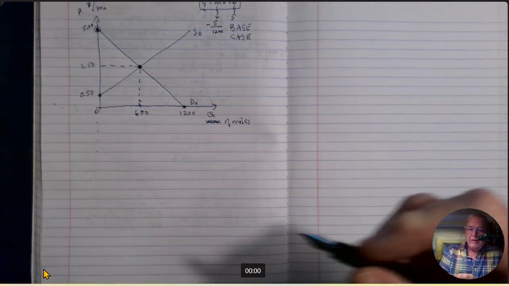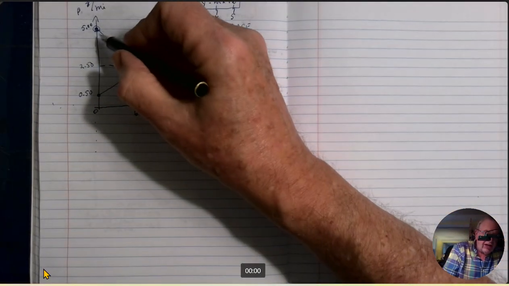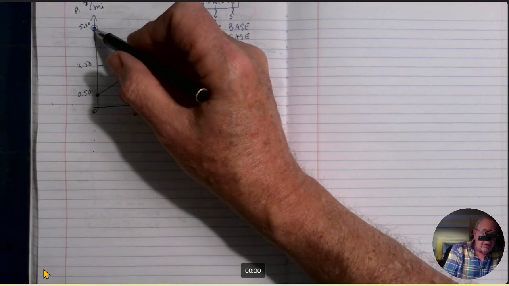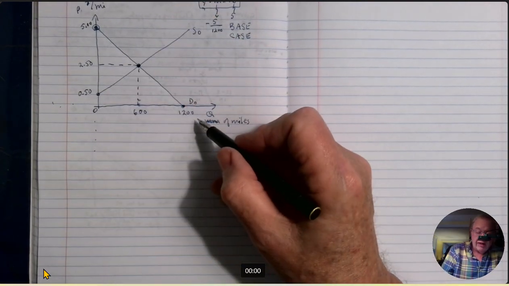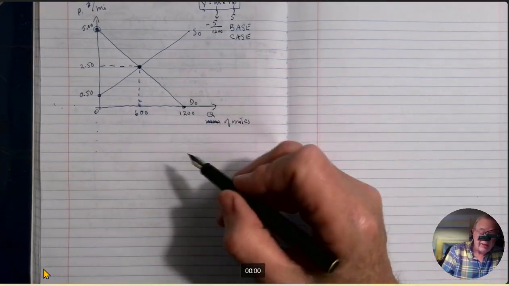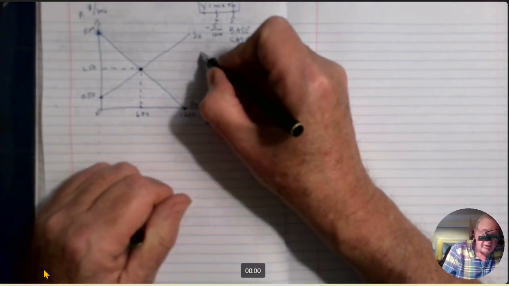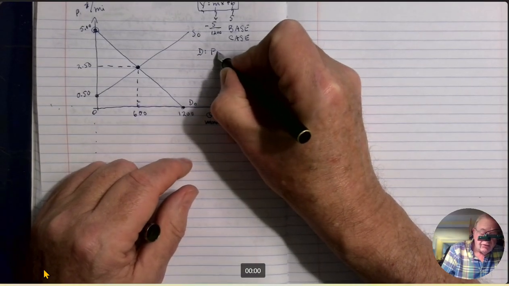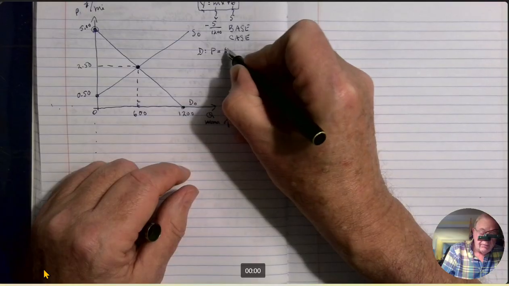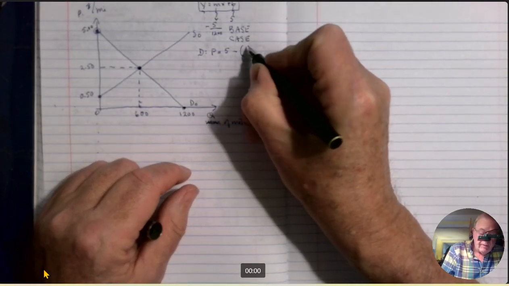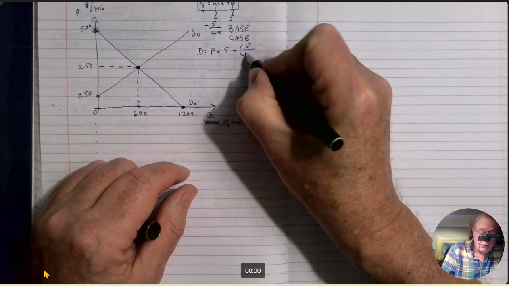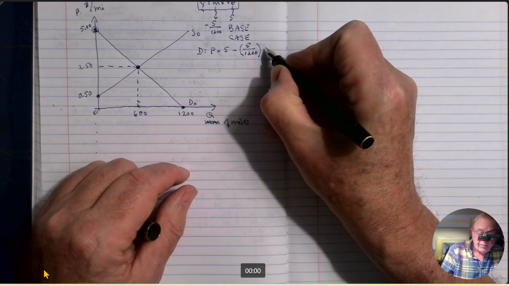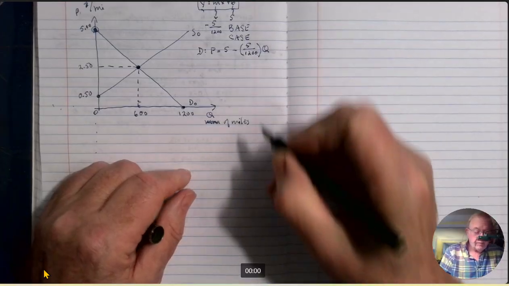Please use your intuition to see it's downward sloping. When we give up price, we increase miles of rides. That's what the minus sign means. So we have, in the base case, demand is such that price equals 5 minus 5 over 1200 times Q. Okay, so we got that.